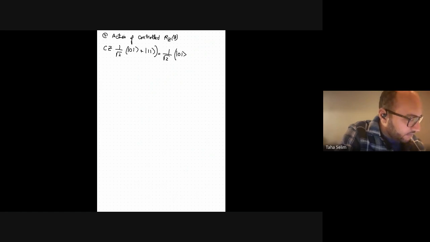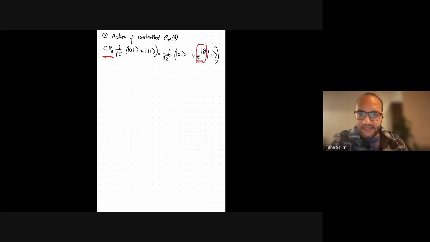This is not CZ, this is just controlled RZ. This will give me ket 0, 1 plus e to the power i phi ket 1, 1. Okay, so this is the action of this gate. This action produced for me a phase, and this is the phase that has been kicked back into the target qubit. So the second qubit got this phase. This is why we call it phase kickback.